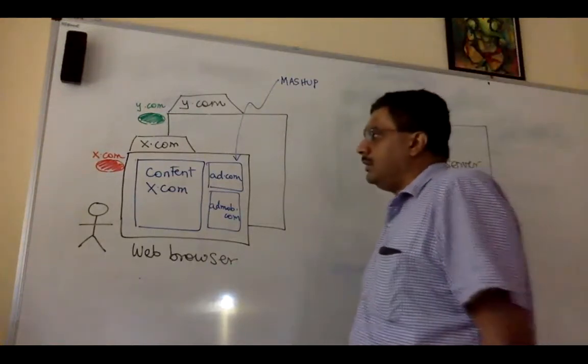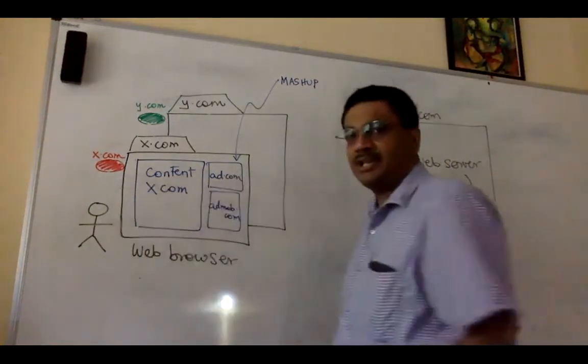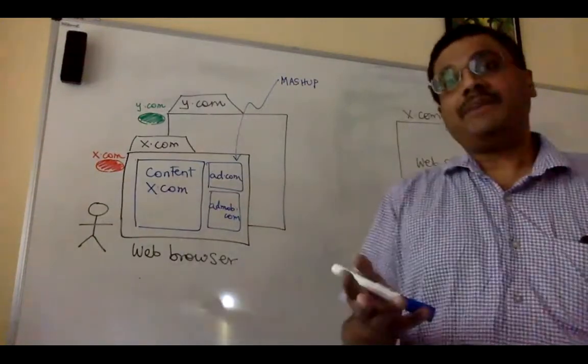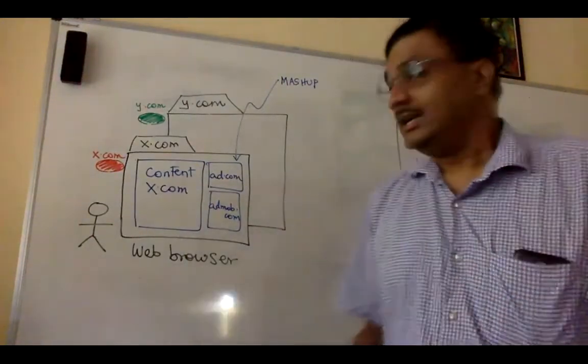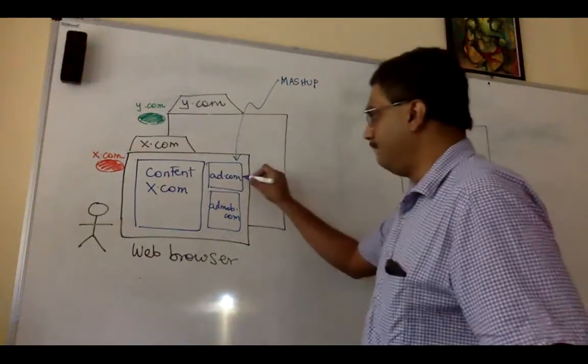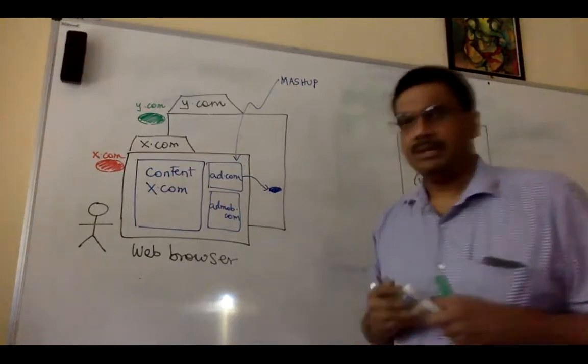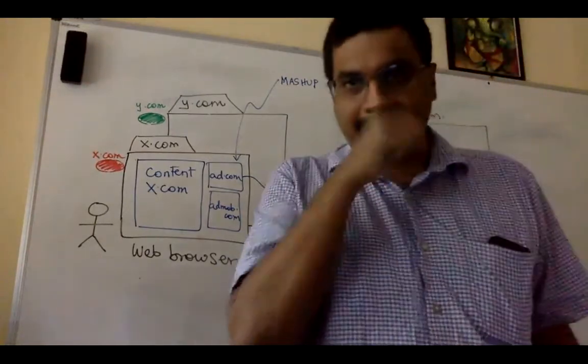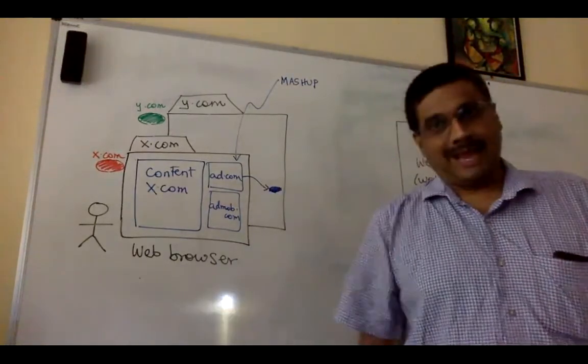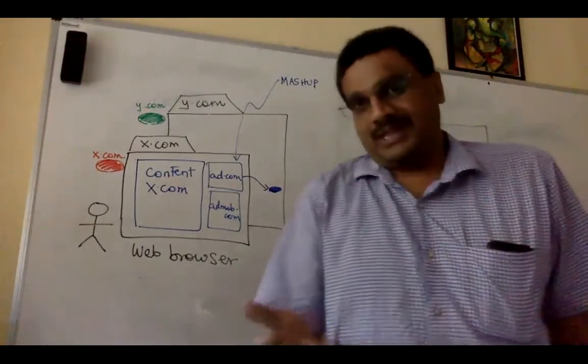Okay, so this notion of a mashup makes preservation of cookies all the more important, because maybe there is a blue cookie associated with ad.com, and this is not really a cookie that is given to you from ad.com after you authenticate yourself to ad.com.